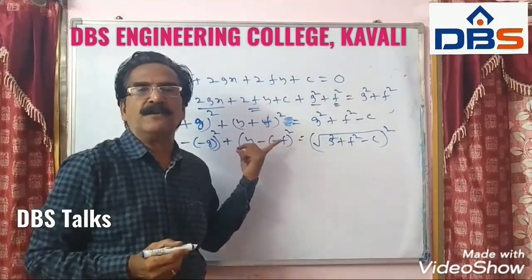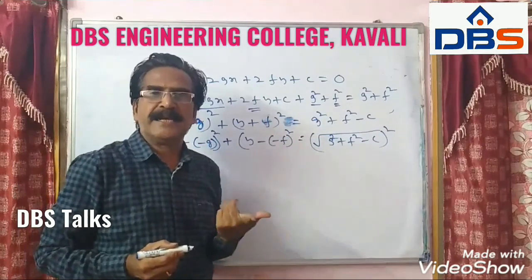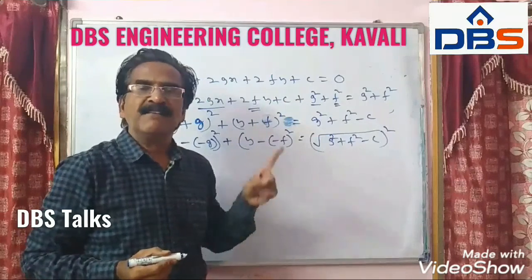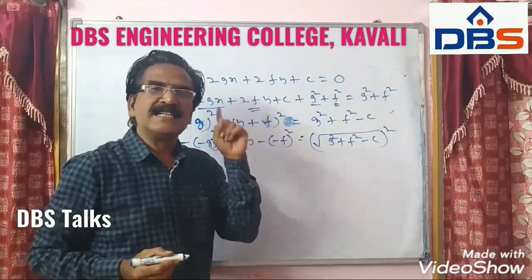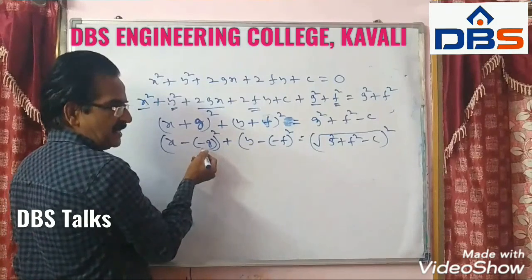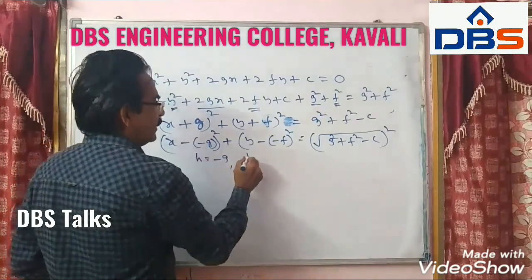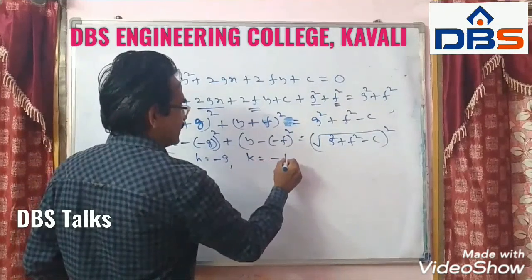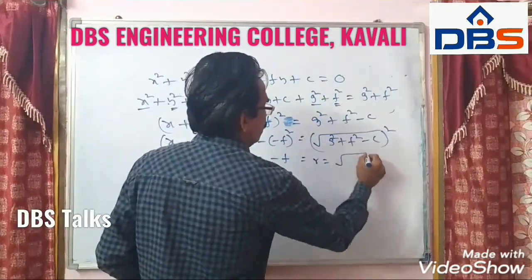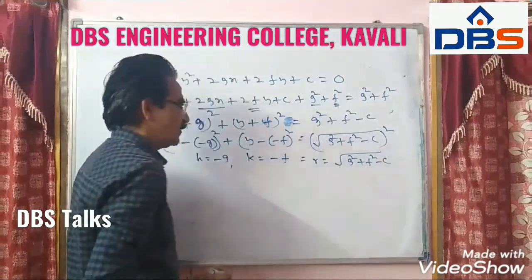See, look at this. It is in the form of our standard form. What is our standard form? x minus h whole square plus y minus k whole square is equal to r square, where h comma k is the center. So here minus g is there in h place. So h is equal to minus g, k is equal to minus f, and r is equal to root of g square plus f square minus c.